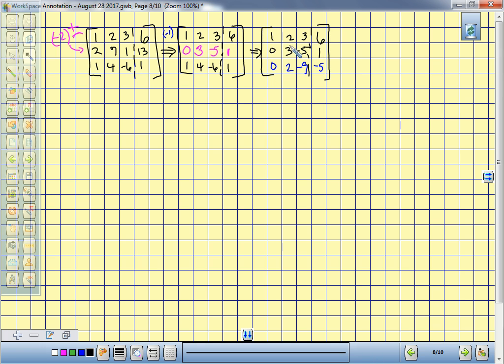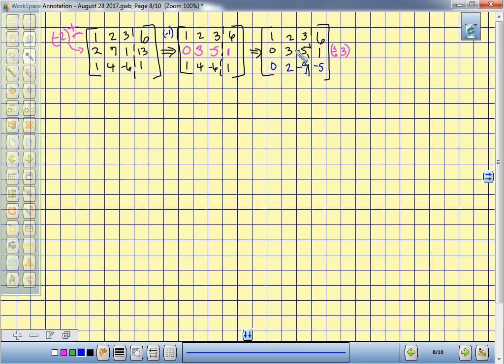The top row is not going to change. The bottom row is not going to change. What we're doing is changing the second row. So we're going to take the top one, multiply through by -2, and add it to the bottom.